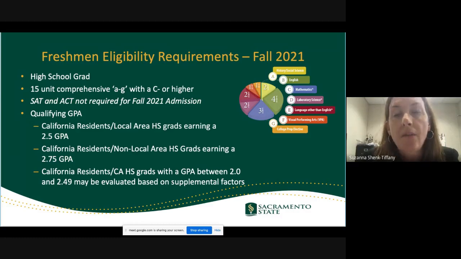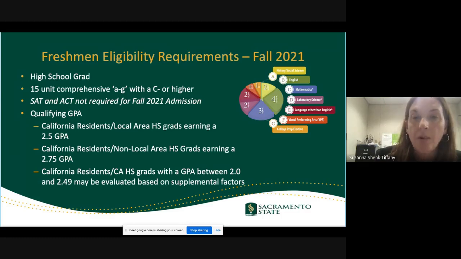So if you want to go to San Francisco State or Cal State Long Beach, you would have to have a 2.75 or above. Now, they do say they will look at students who have GPAs between 2.0 and 2.49 if there's supplemental factors. So if there were some issues that came up that impacted the student's ability to get that 2.5.